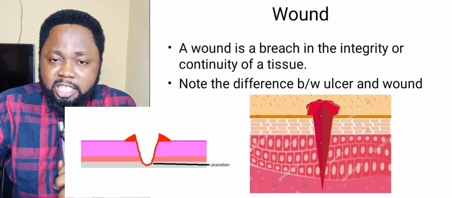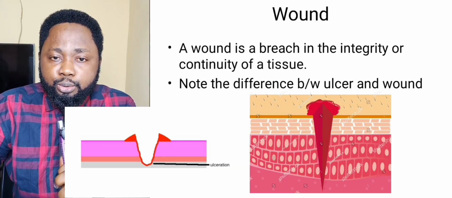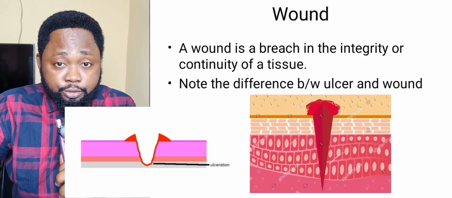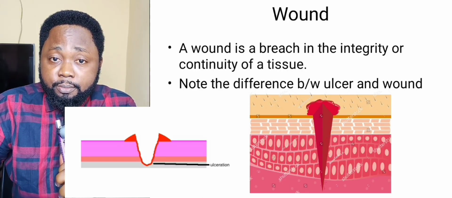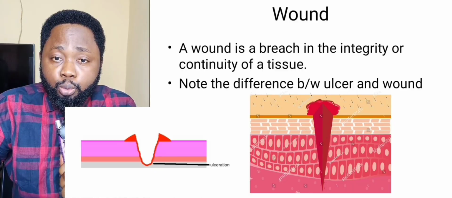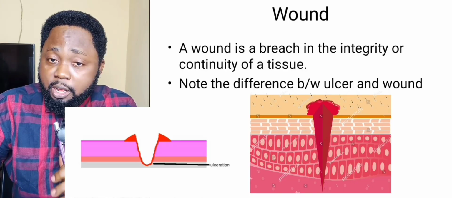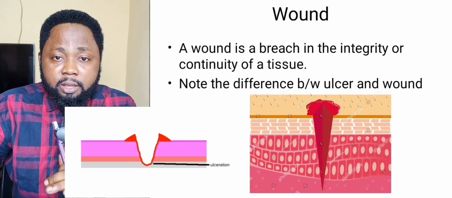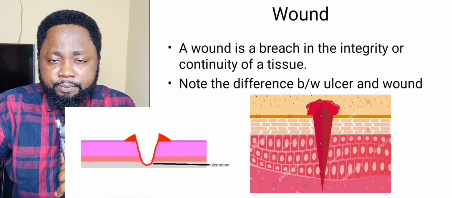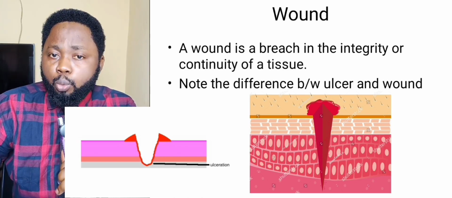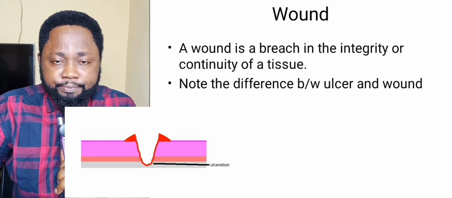While an ulcer specifically refers to a breach in the epithelial lining of a tissue, a wound can affect any part of the tissue, including the epithelium, the subepithelial layer, muscle, bone, among others. In other words, we can say that all ulcers are wounds, but however, not all wounds are ulcers.